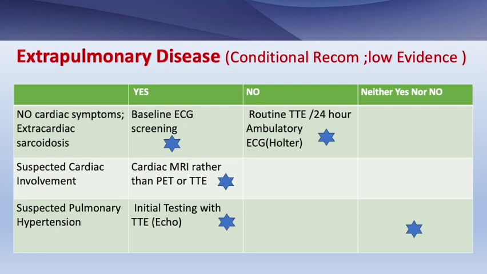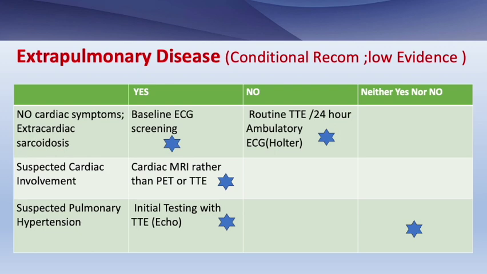We must make sure that we ask our patients about symptoms related to cardiac sarcoidosis, and if your patient does not have any cardiac symptoms or signs of cardiac sarcoidosis, you must still do a baseline ECG screening, and this is the minimum. So they do recommend a baseline ECG screening, but they do not recommend to just go ahead and do an ambulatory Holter or a routine echo if your patient has extracardiac sarcoid with no cardiac symptoms.